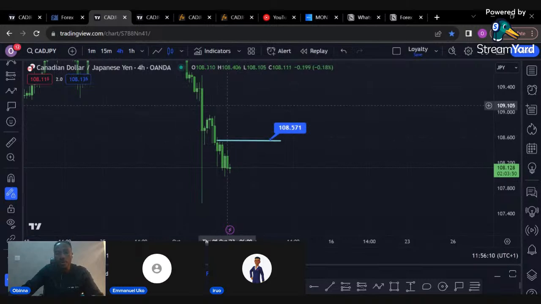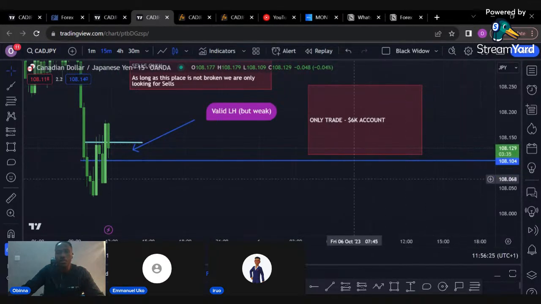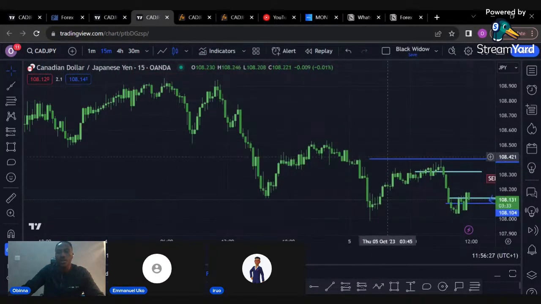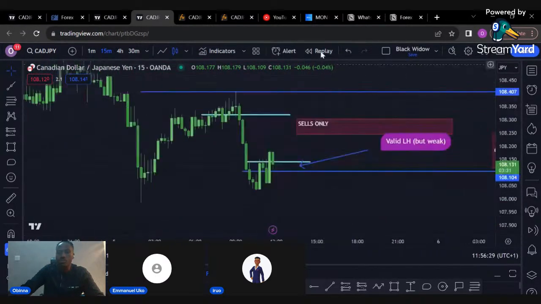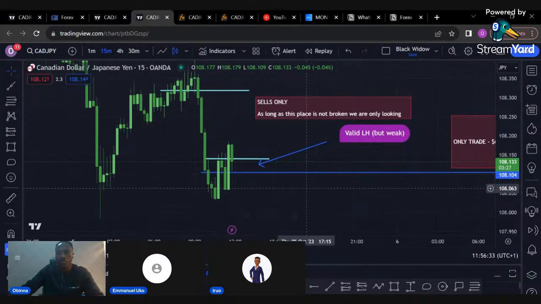So I use the 4 hours to know my direction and the strength of the currency, and I use the 15 minutes to execute and look for patterns. The 15 minutes also helps me make sure that my stop loss is not too large.